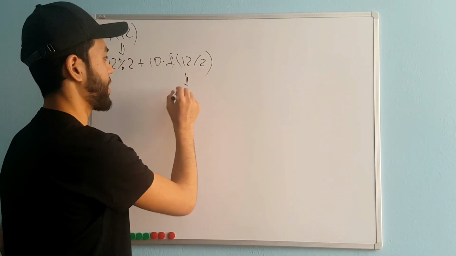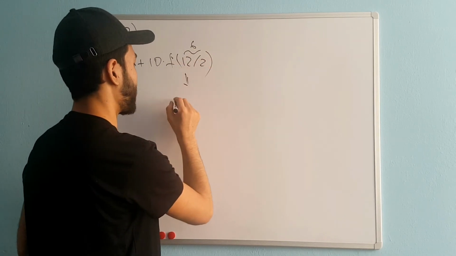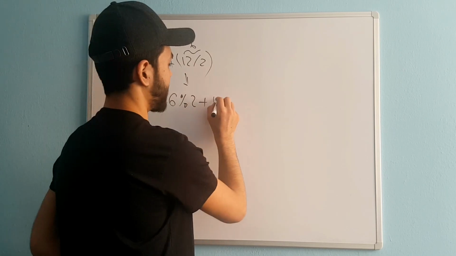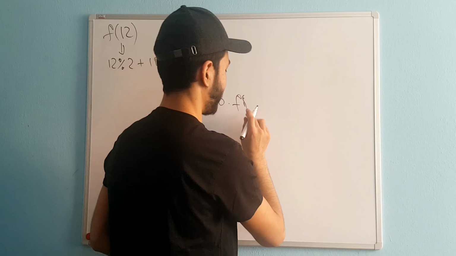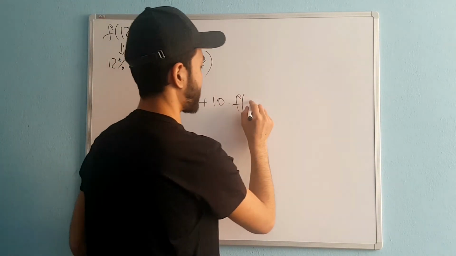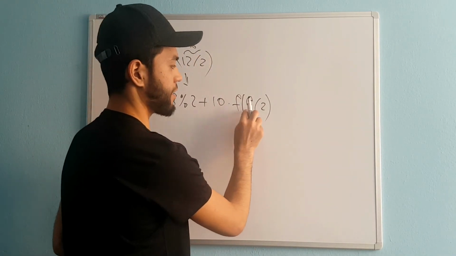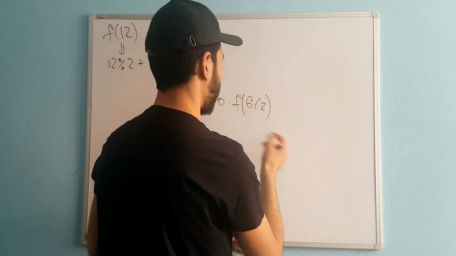That function returns 6 here, and we take 6 modulus 2 plus 10 multiplied by that function, which inside also divides 6 by 2. Make sure there is the int also, but I'm skipping it because it would be longer.